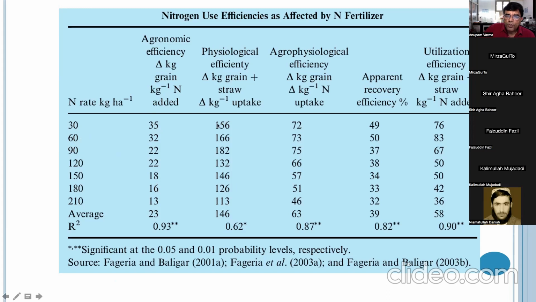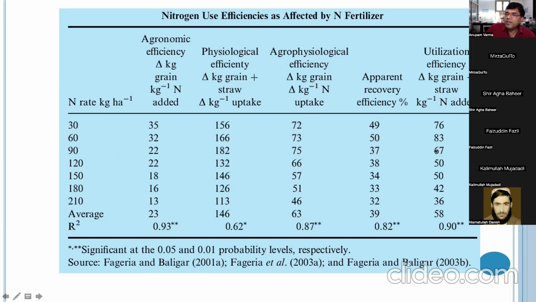Similarly, physiological efficiency is initially low, but for the first dose it is increasing, and for the second dose also it is increasing. But then suddenly it starts decreasing. Then agrophysiological efficiency, kg grain per kg nitrogen: it was low, it increased, and then decreases. Apparent recovery of nitrogen is 49, 50, 37, and then it starts to decrease.